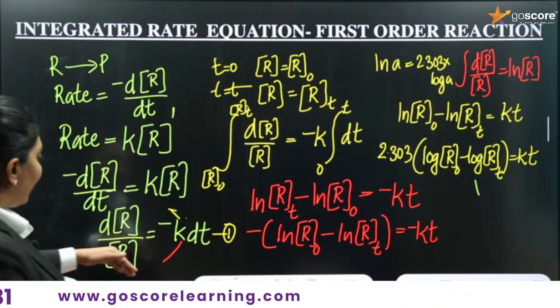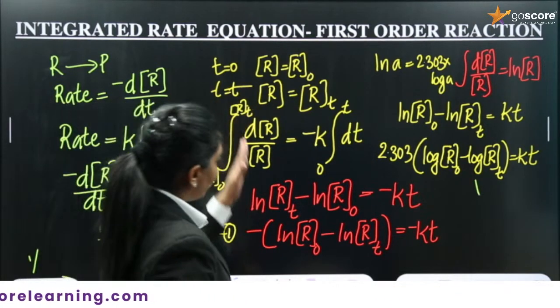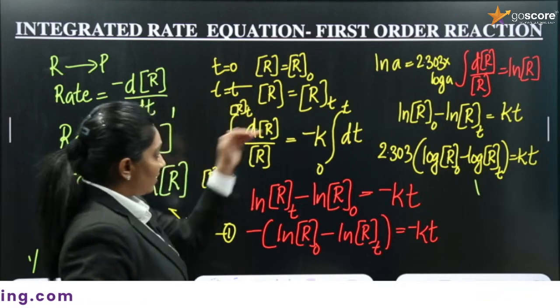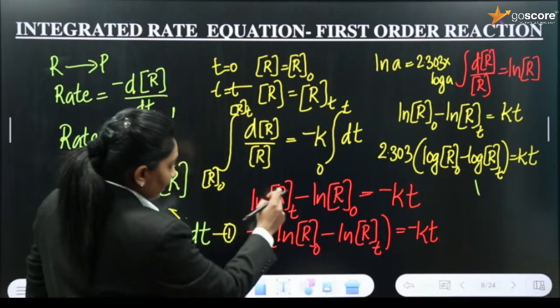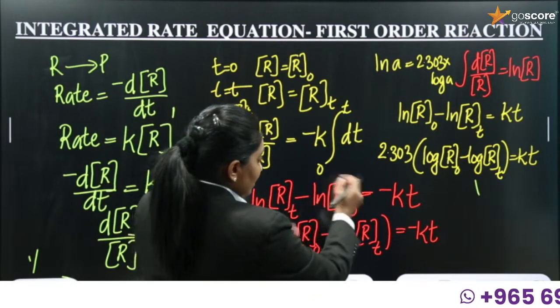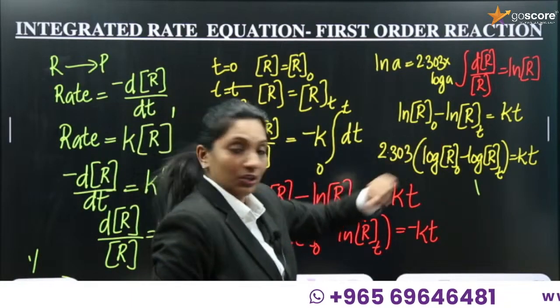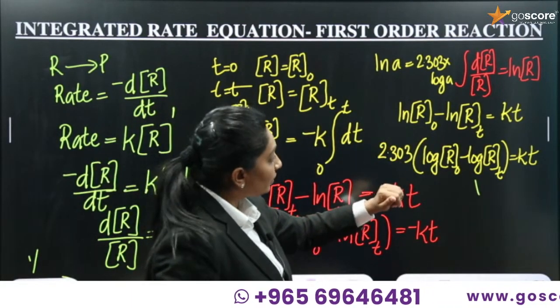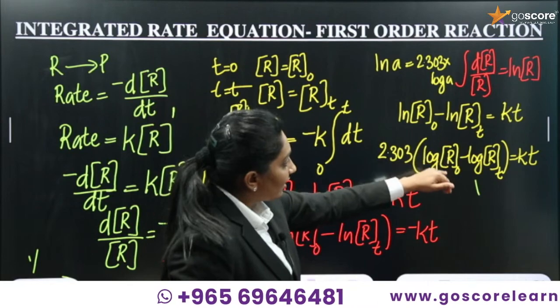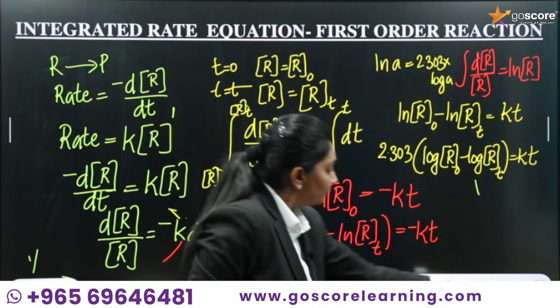What we did, we have done the rate equation. When you correlate it, we get dr by r is equal to minus k dt. When you integrate with upper limit rt and lower limit r0, we get ln rt minus ln r0 equal to minus kt. Then you convert it into log by multiplying with 2.303: 2.303 log r0 minus log rt is equal to kt.